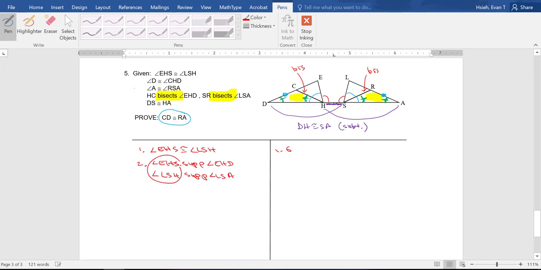And because these are congruent to each other, okay, this is because if straight angles, then supplementary. And because those two angles that I circled are congruent to each other, I know that these guys must be congruent to each other. So I'm going to write that in. So angle EHD is congruent to angle LSA because supplements of congruent angles are congruent.